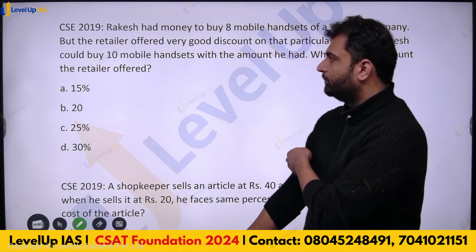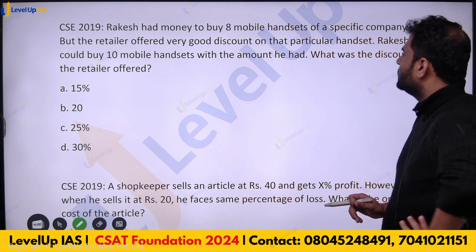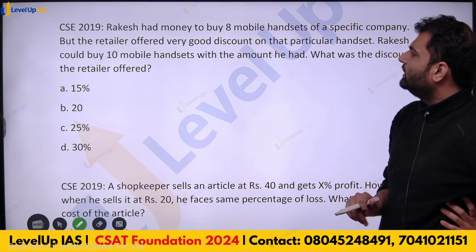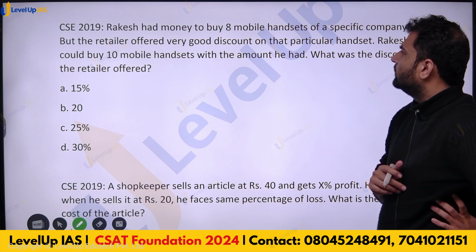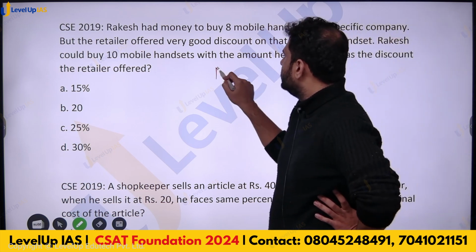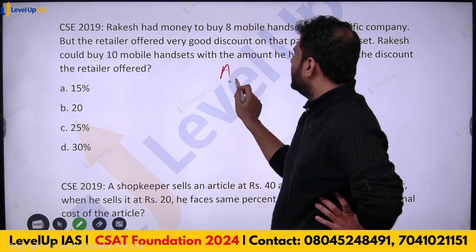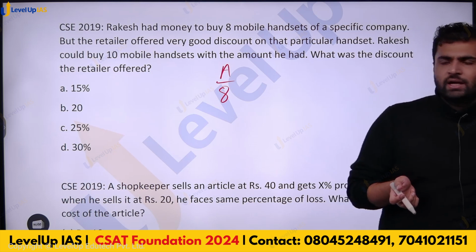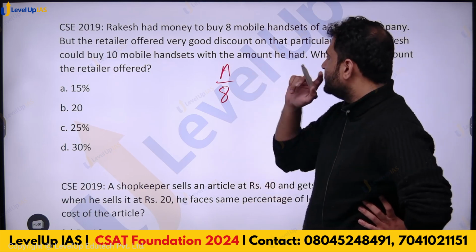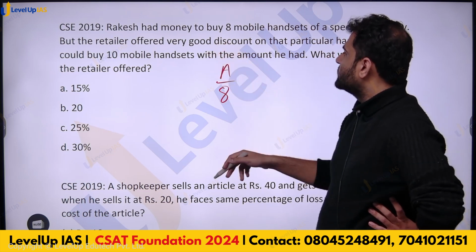Okay, fine. How do we go about it? Let us say that he had some amount, let us call it A. So the price of a mobile handset was A by 8, because he had enough to buy 8 mobile handsets. And on this, the shopkeeper offered some discount.